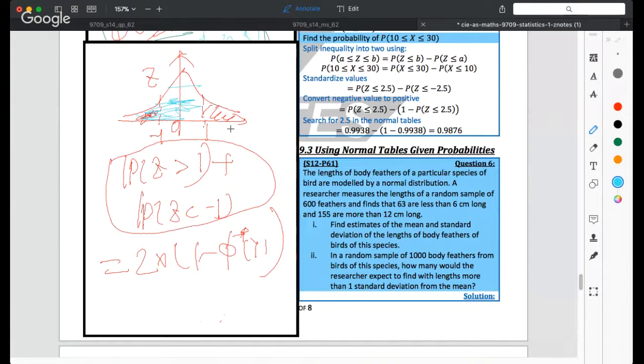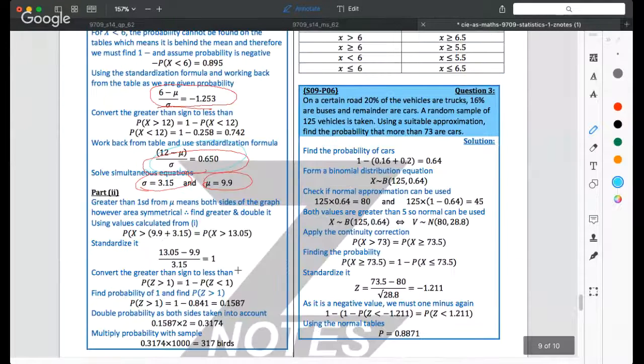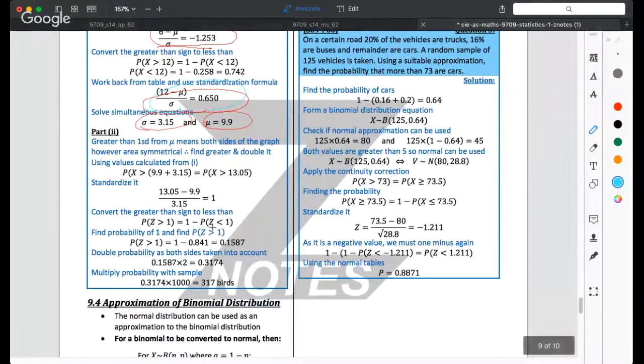And altogether, considering both the left tail and right tail, we get 2 times 1 minus phi of 1. So in this case, we know that phi of 1 is 0.8413, times 2, so the probability is 0.3174.